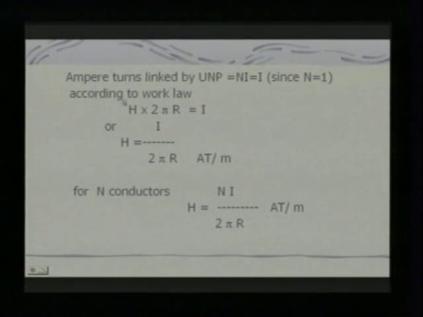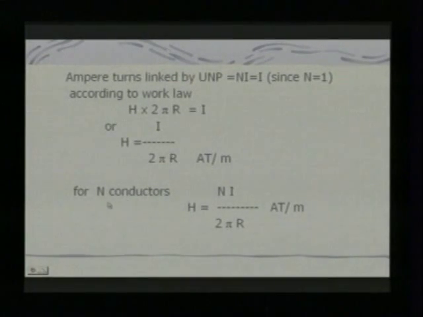Therefore, according to work law, the total work done is equal to the number of ampere turns. Therefore, work done, that is H into 2 pi r, is equal to I, or it can be written as H is equal to I by 2 pi r ampere turns per meter.